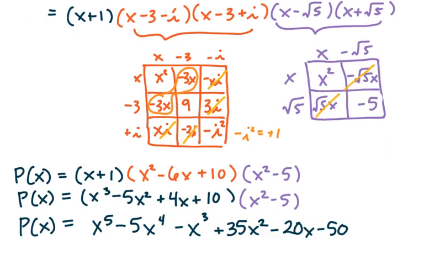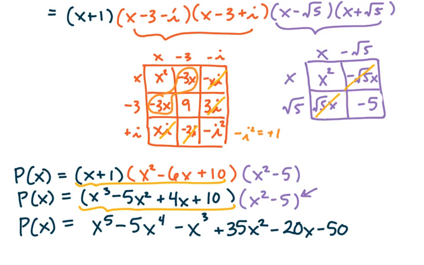And so doing two operations of multiplication. This first operation here gives me x cubed minus 5x squared plus 4x plus 10. And then we still have to deal with multiplying x squared minus 5 through.